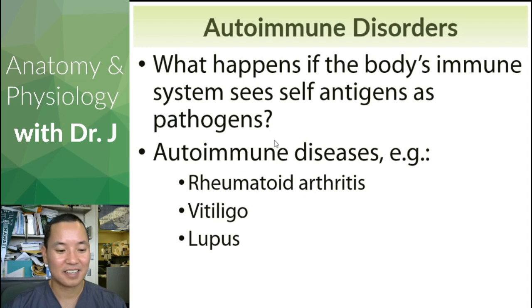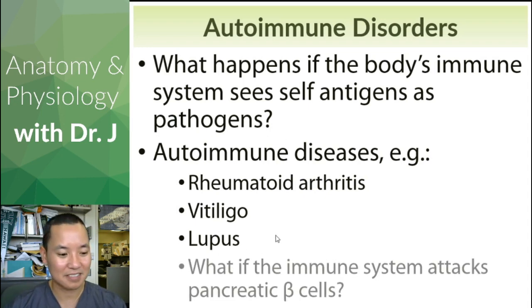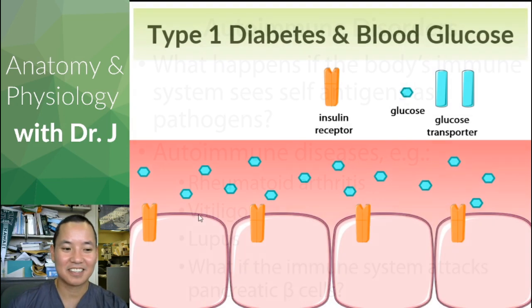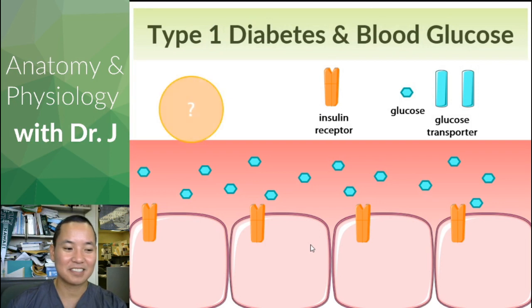But again, it depends on what's being targeted by the immune cells. What if the immune system also attacks pancreatic beta cells, these beta cells in the islets? Hey, we did cover that, right? Type 1 diabetes. So what cells produce insulin? Beta cells.